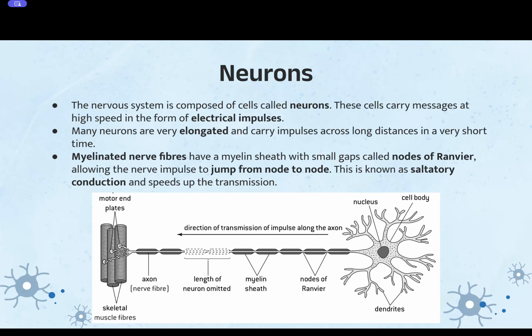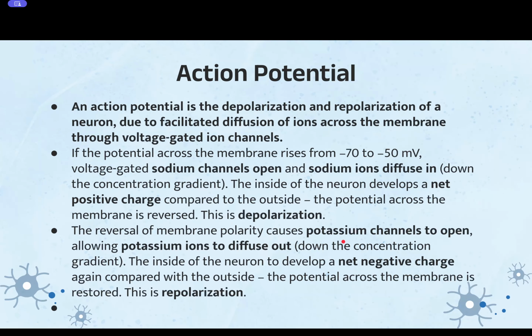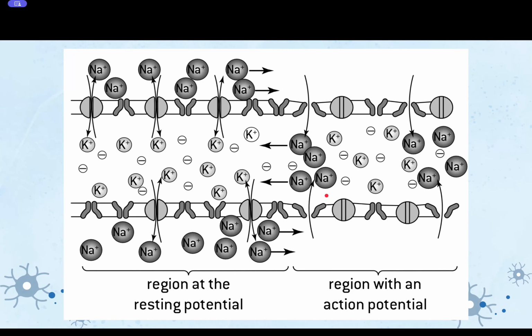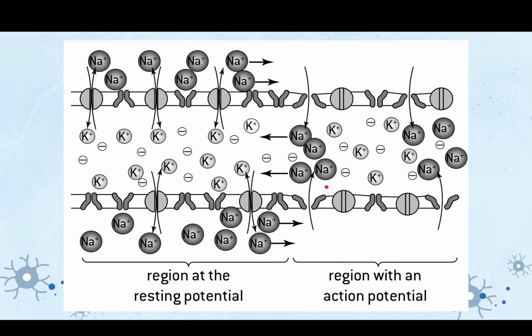A nerve impulse will start somewhere here and work its way through the axon until its motor end plates, and then either transfer to another neuron or to the muscle fibers, in which case it'll just do the action it's supposed to do. But let's go back. A nerve impulse is the series of action potentials that gets traveled.